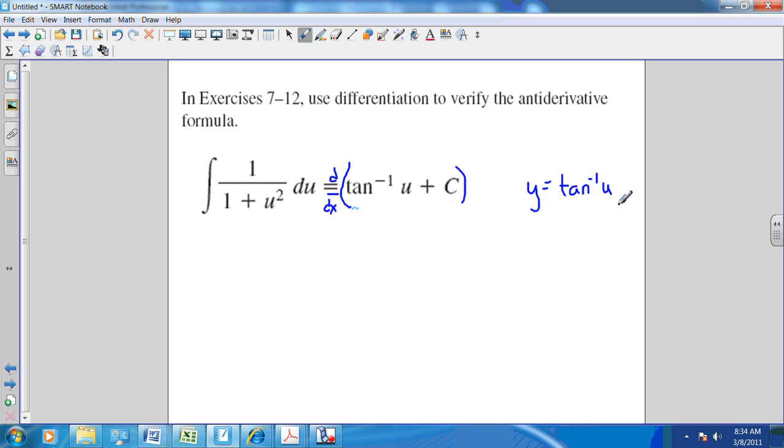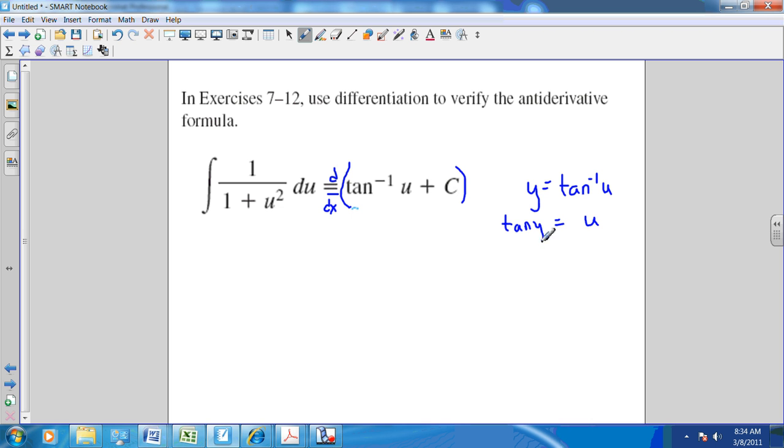So I don't remember inverse tangent necessarily, but I do remember tangent. So if I took the tangent of both sides here, I'd have tangent of y equals u, because the tangent and inverse tangent would cancel out.